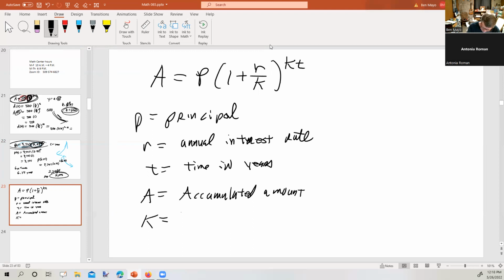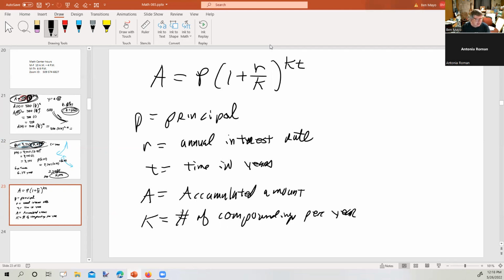K is the number of compoundings per year. So let me explain that briefly, how that works. You put money in a savings account, and let's say that they only compound the interest once a year, so annually. And let's say they pay 3%. So you put $100 in an account. At the end of a year, you'd make $3 interest. Boom, one time. Okay.